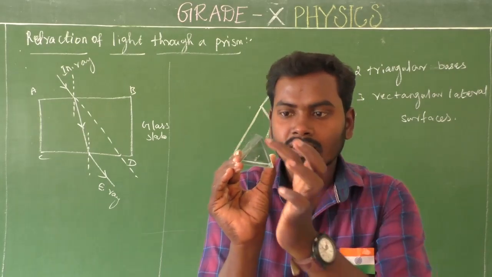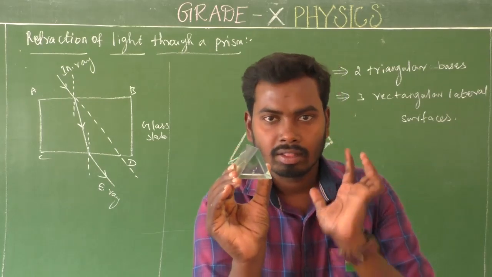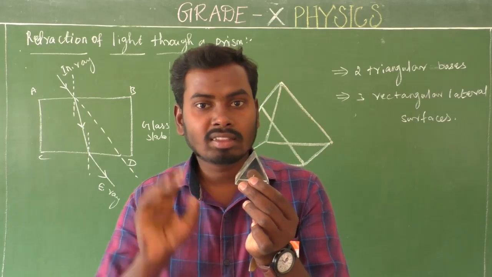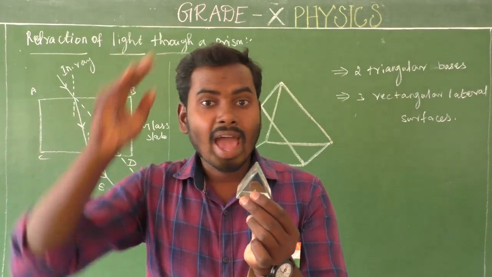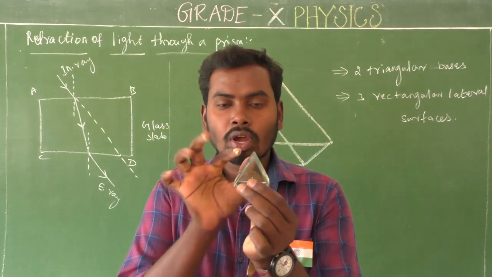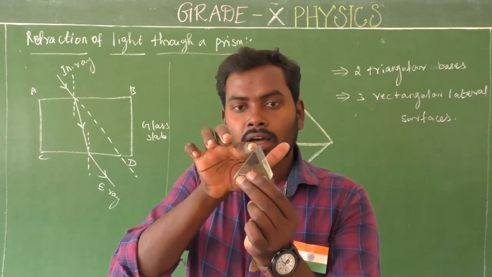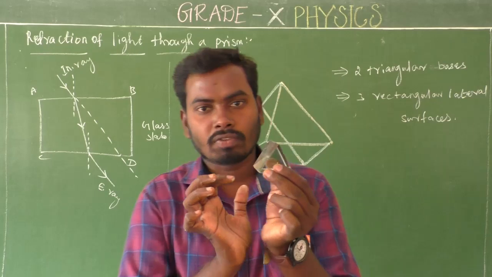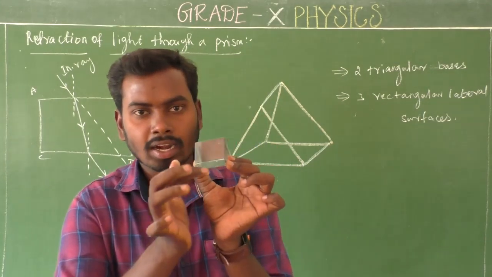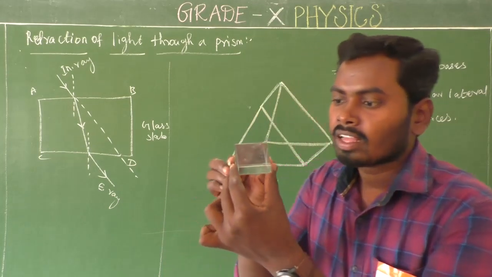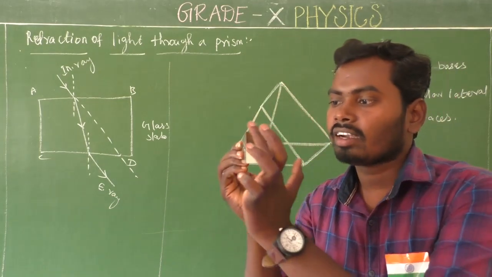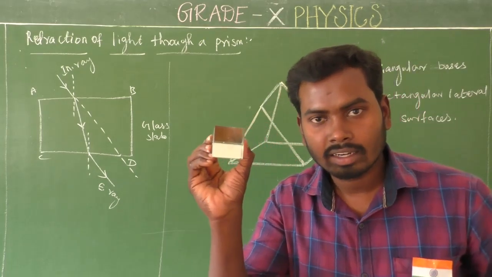This looks like a triangle. Next, this glass prism has, as we already know, three rectangular lateral surfaces. Look at here. This is one rectangular lateral surface, this is the second, and this is the third. Is it clear? Very, very easy.